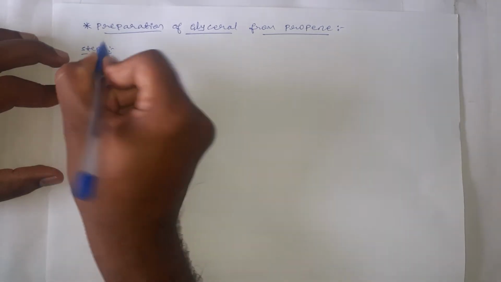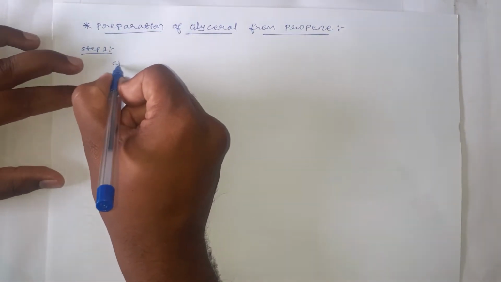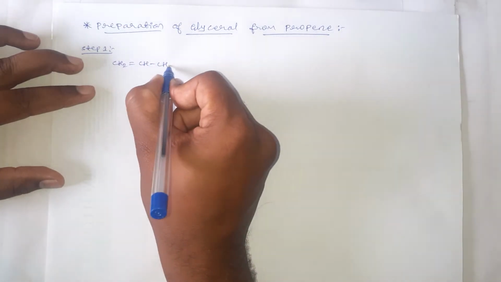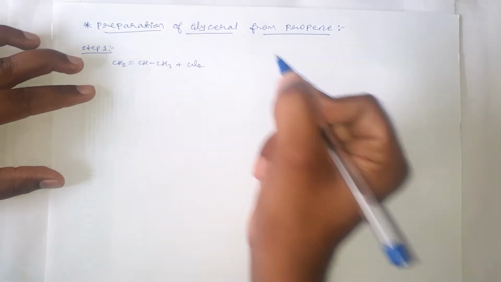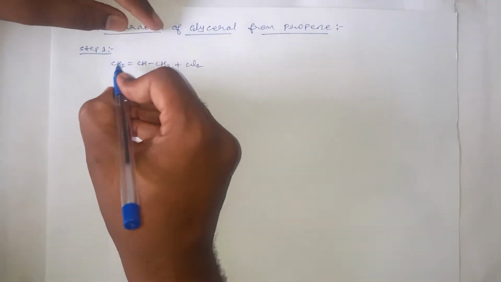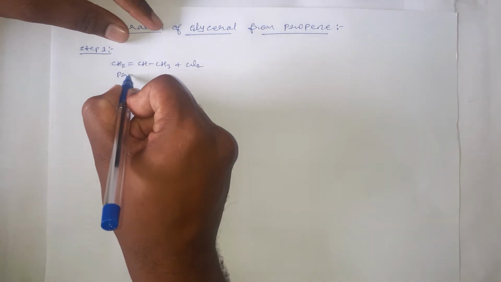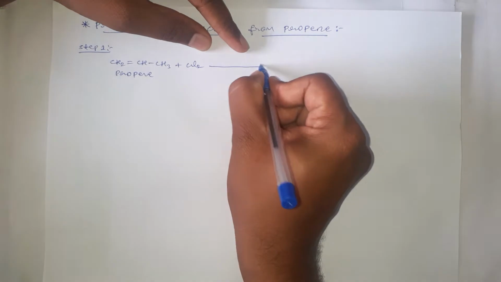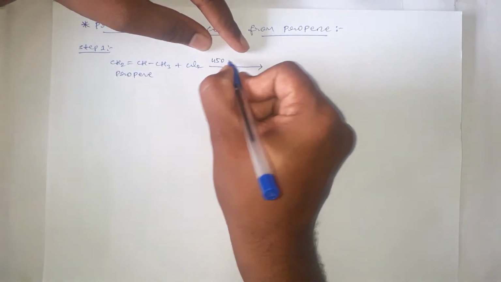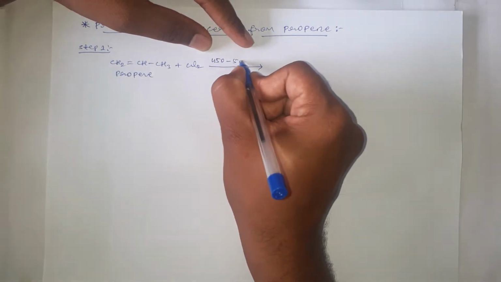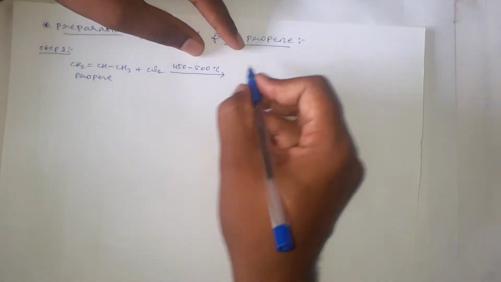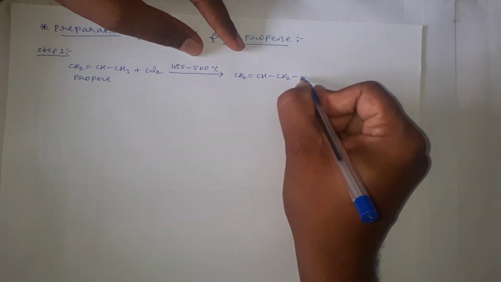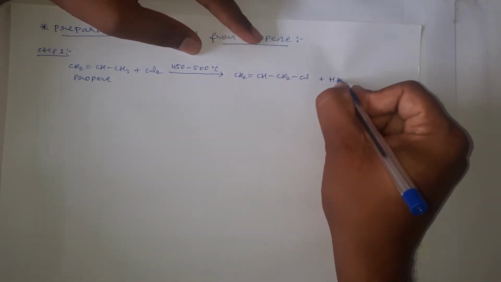Step number 1 involves the treatment of propene with chlorine gas, and when this mixture is heated at a high temperature of about 450 to 500 degrees Celsius, we will get CH2=CH-CH2Cl plus HCl.